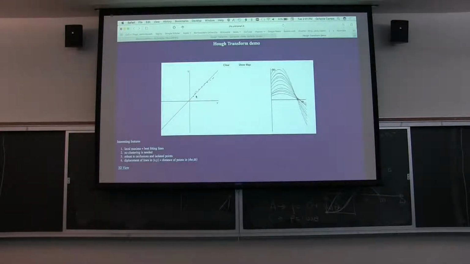Okay, so here what you see is a bunch of points that I clicked, right? And for each of these black dots, I get a sinusoidal curve in the parameter space. And because they're all roughly on the same line, they all roughly pass through the same point over here. Now, if I click over here, it will draw that red line, which is roughly a line.